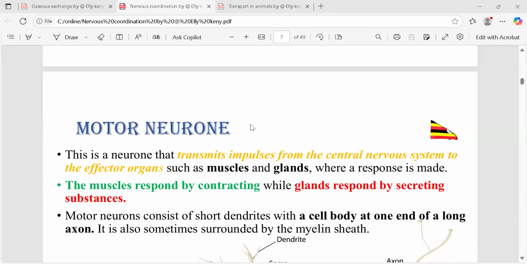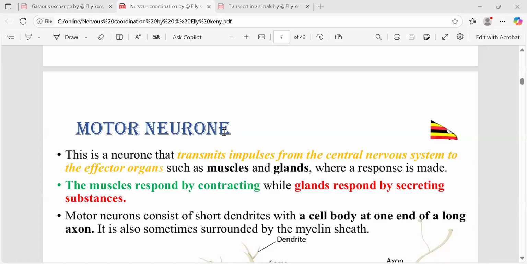Okay, so in that case, you should explain from what happened. What saw the snake? The eyes. After the eyes saw the snake, how did the information reach the brain? The snake was the stimulus. Information moved from the eyes to the central nervous system through the sensory neuron.